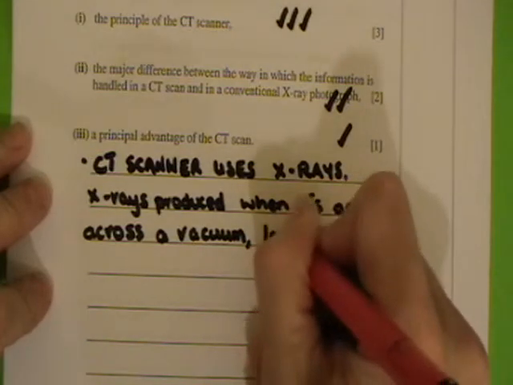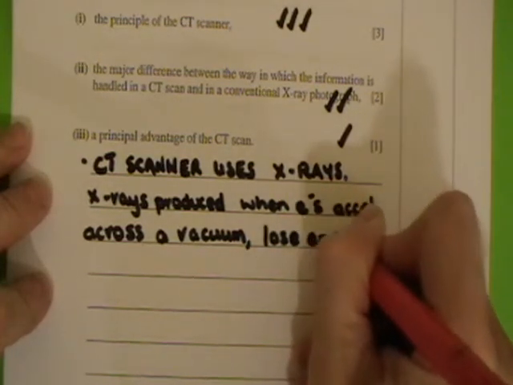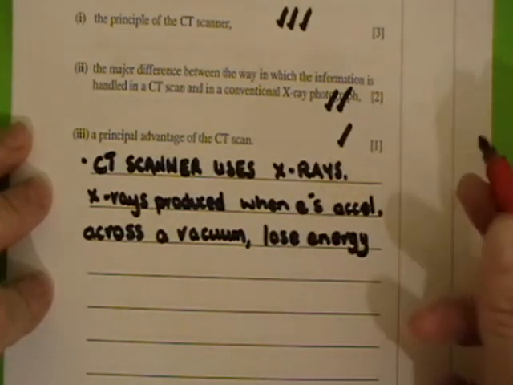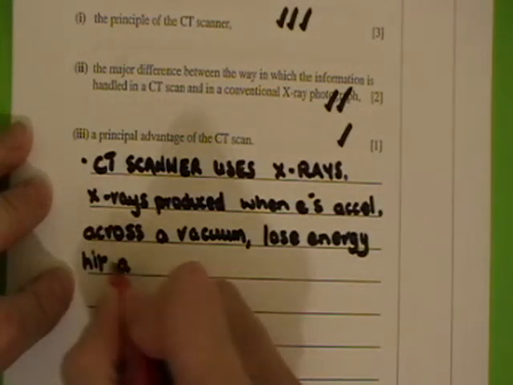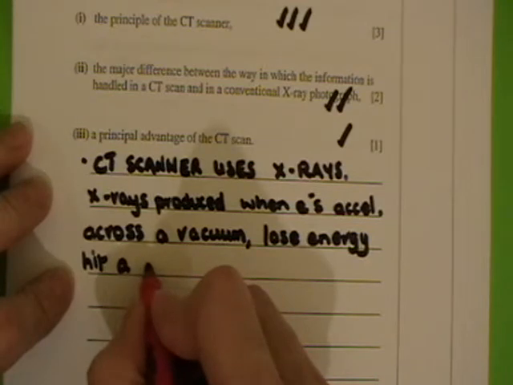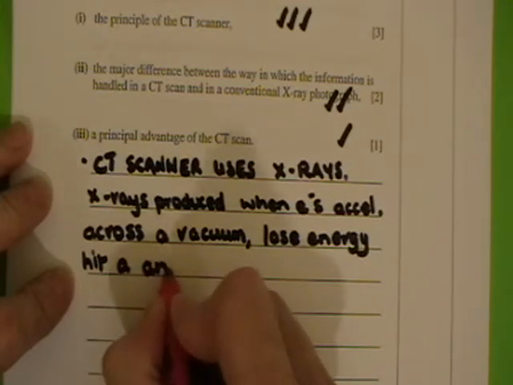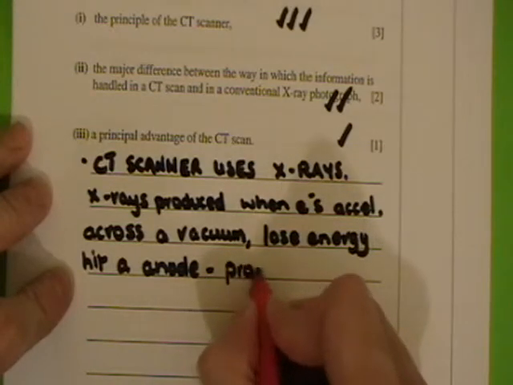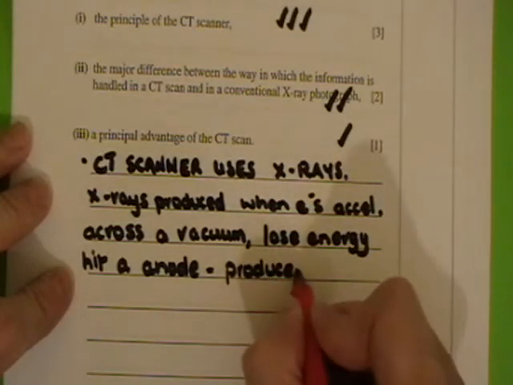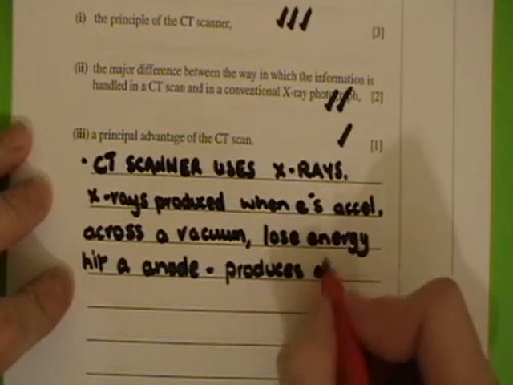And then they lose energy when they hit a rotating anode. And that energy then is produced as X-rays.